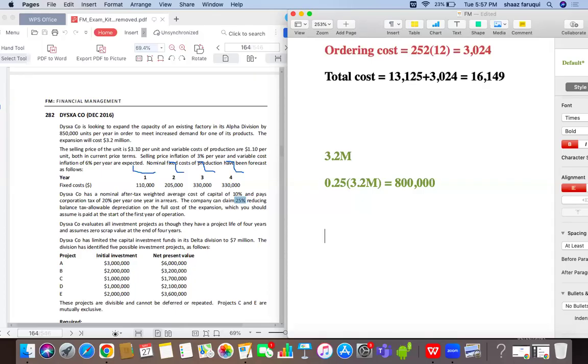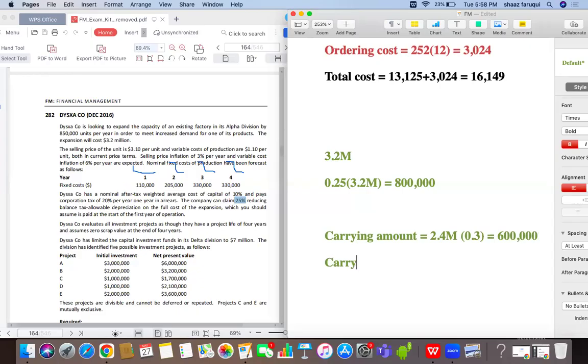So there will be a depreciation of about 600,000. Why? Because the carrying amount will be 3.2 million minus 800,000, which is 2.4 million. And there is a depreciation of 25% of that, which is 600,000. So the depreciation for the second year is 600,000.